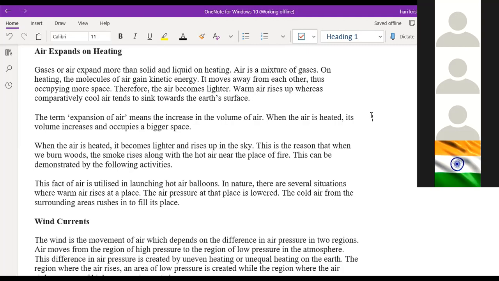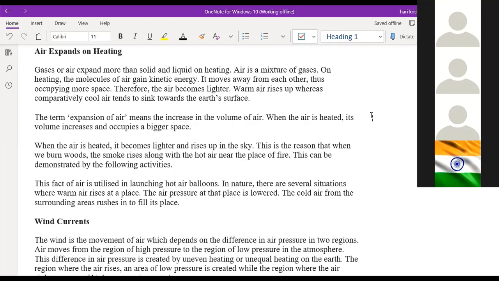Sir, can I read it? Yes, Ritvik. Air expands on heating. Gases or air expand more than solid and liquid on heating. Air is a mixture of gases. On heating, the molecules of air gain kinetic energy. They move away from each other, thus occupying more space.